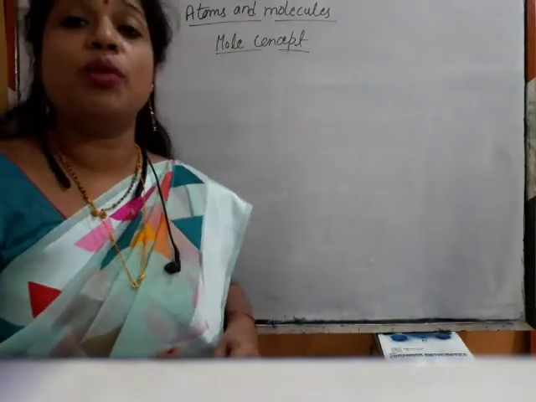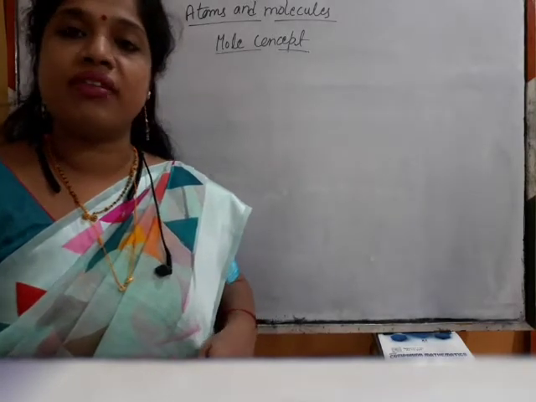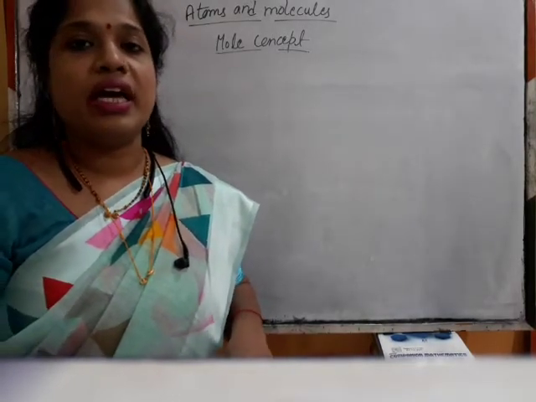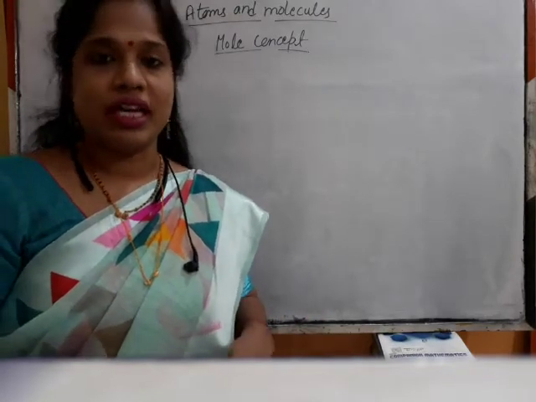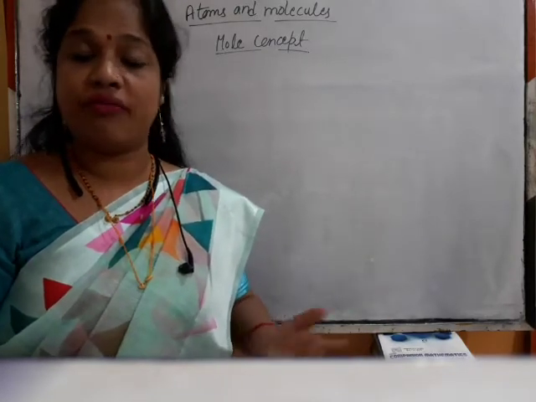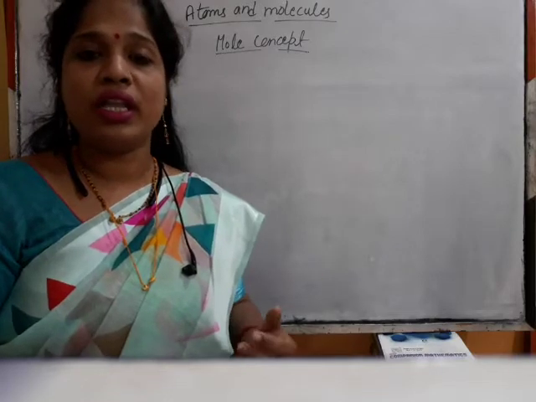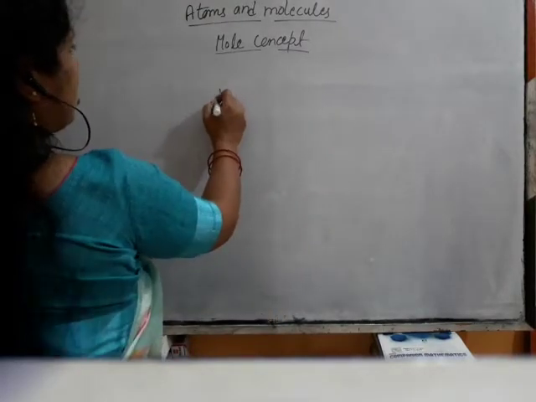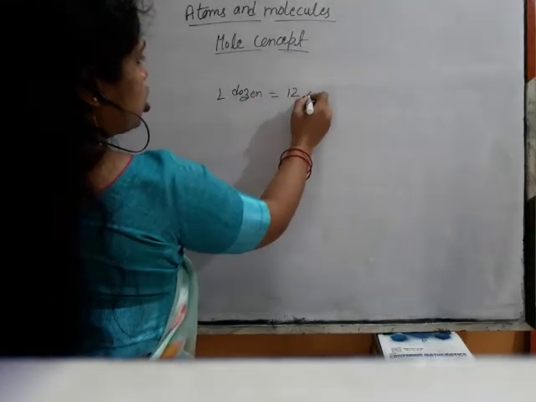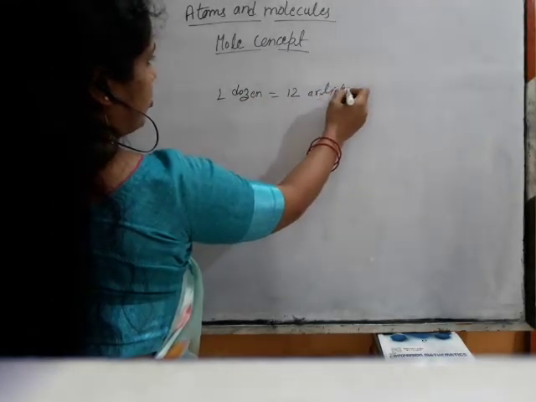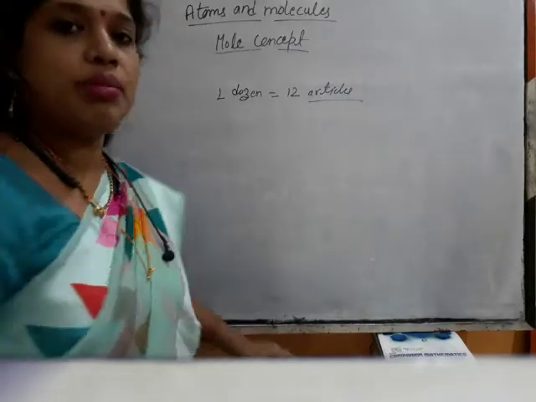Students, for understanding the mole concept, you need to understand first what is 1 dozen. Did you hear the word dozen before? Yes, everybody has heard it, and you know that 1 dozen means 12 articles.